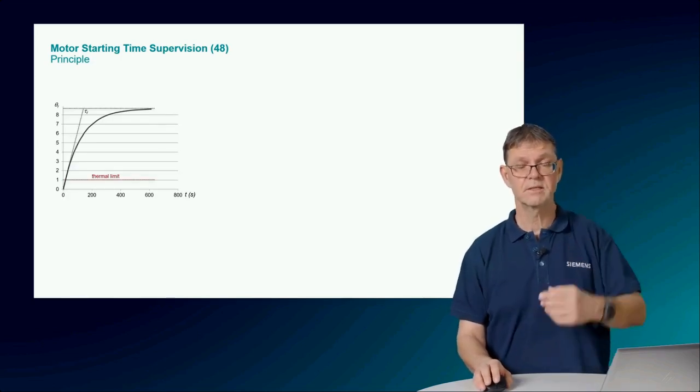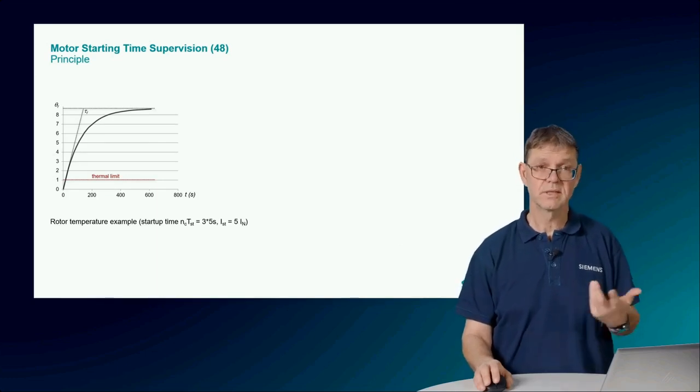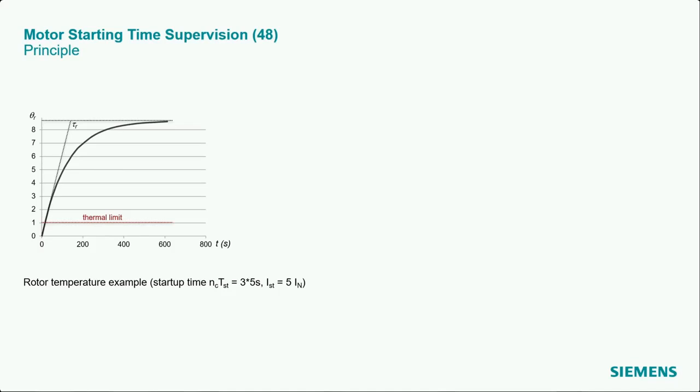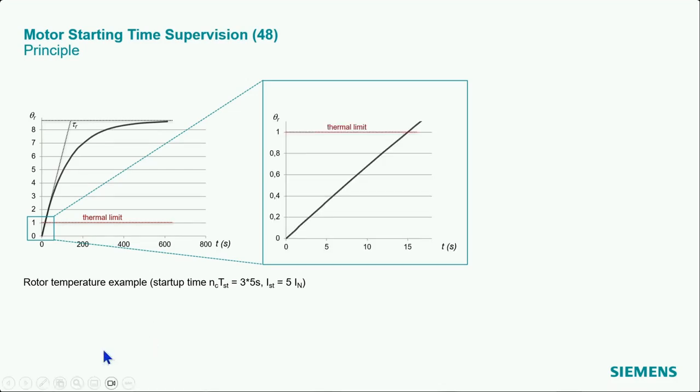We have again the starting curve, an example similar to the one I showed before, and I want to focus on one small point here. We only look again at the range between 0 and 1. 1 is the maximum temperature here, and if we zoom in here, then we see this curve.